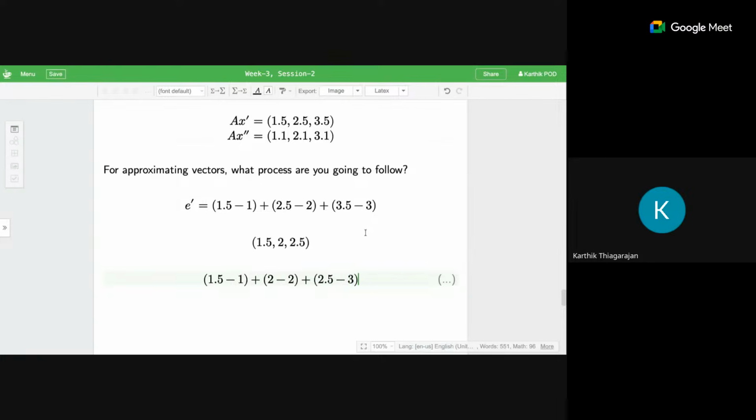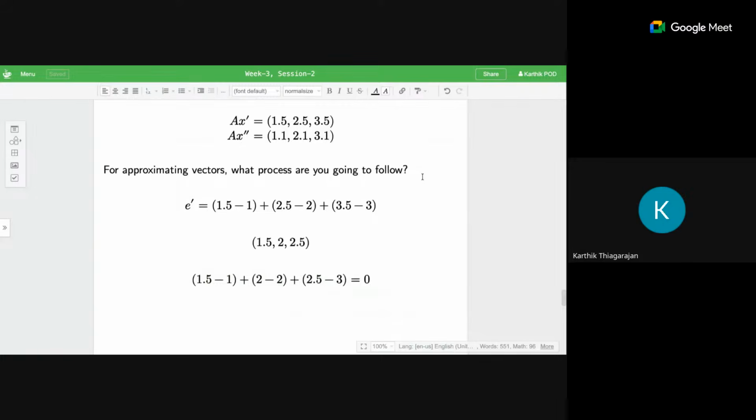I hope that's correct. So now notice that 1.5 minus 1 and 2.5 minus 3 will cancel each other out. So you'll get an error of 0. And that is not reflective of the approximation, right?